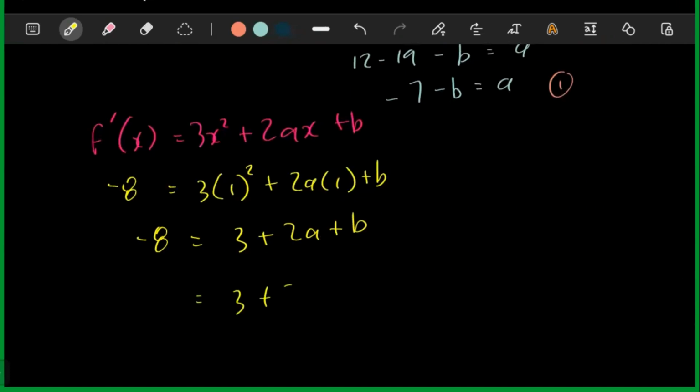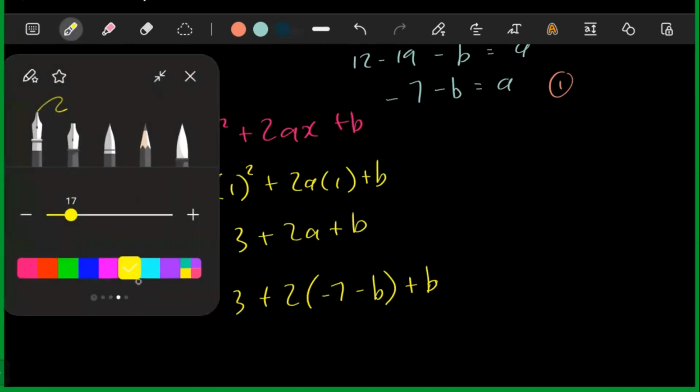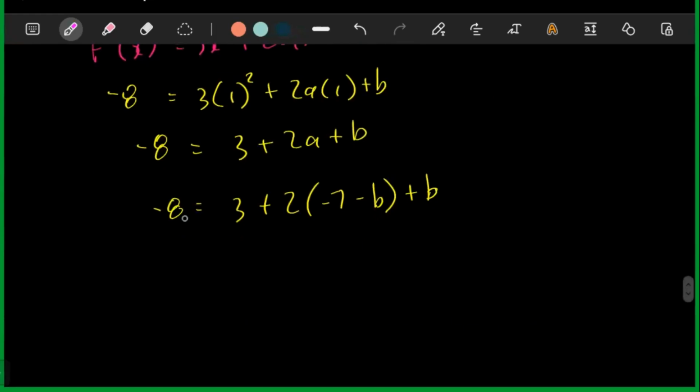It's like 3 plus 2 times negative 7 minus b plus b is equal to negative 8. Let's see what we can do now. This is 3 plus, multiplying inside, negative 14, negative 2b plus b equals negative 8.